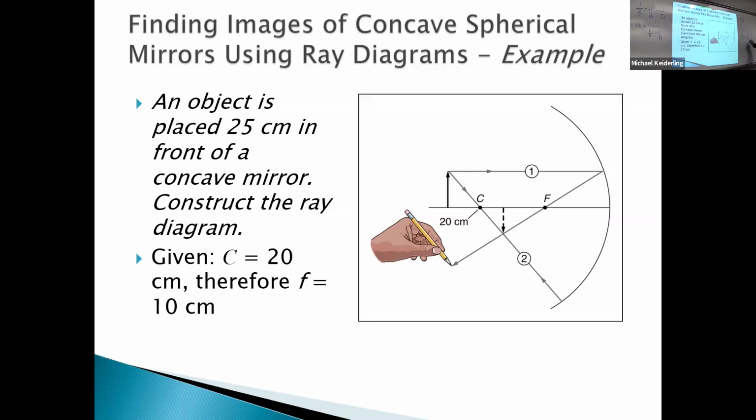So DI equals 50 over 3 centimeters, which is 16.67, so about 16.7.